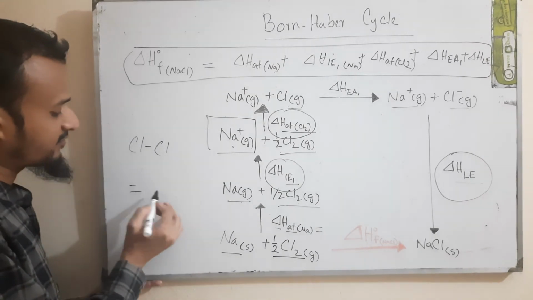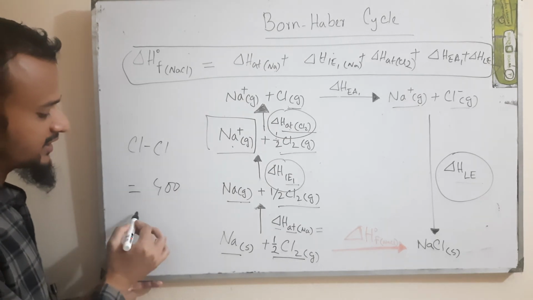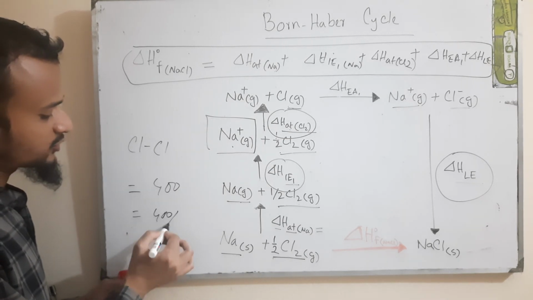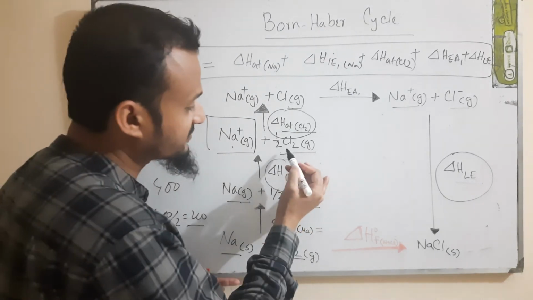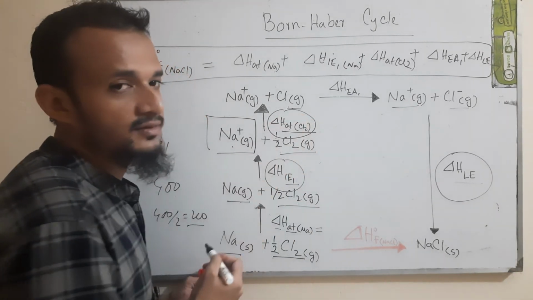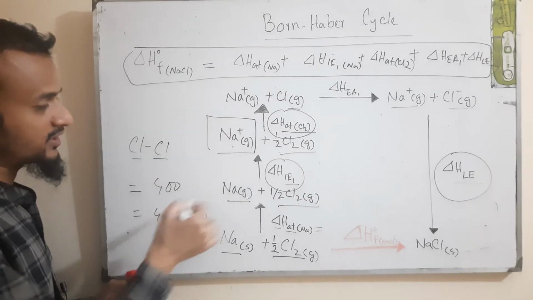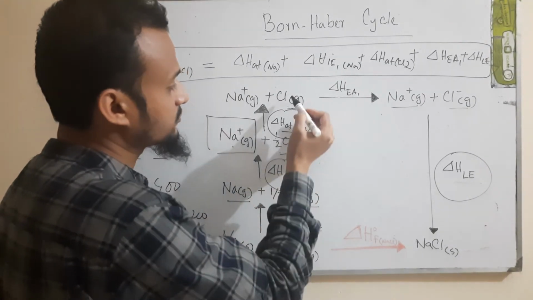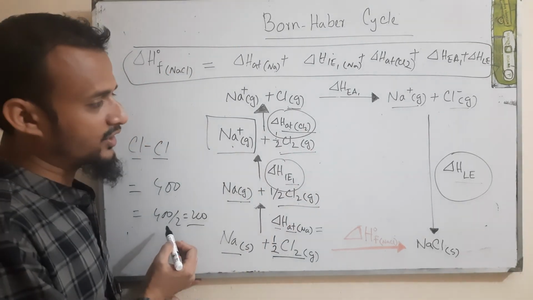You make it half. Say it's 400, I don't know the figure, you will take it as 400 divided by 2, which is 200. Why? Because it's half Cl2 making 1 Cl, but the bond energy is between 2 Cl, so you have to make it half. So the atomization of chlorine is half of the bond energy.